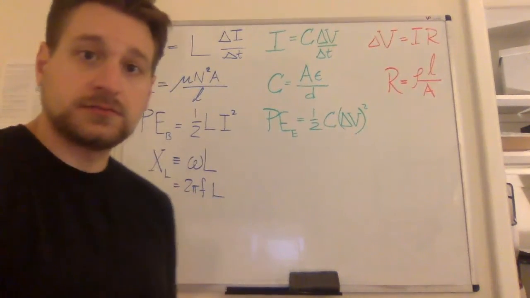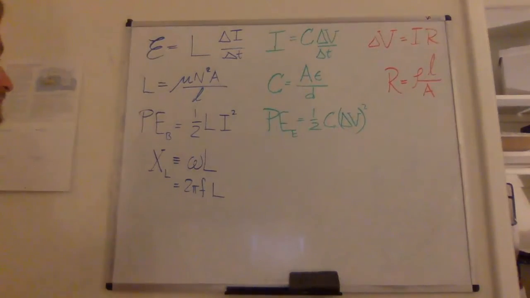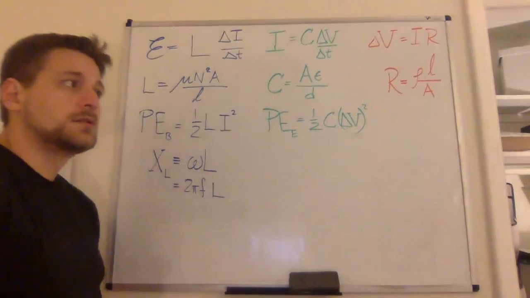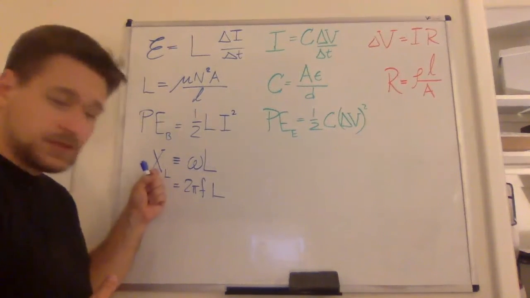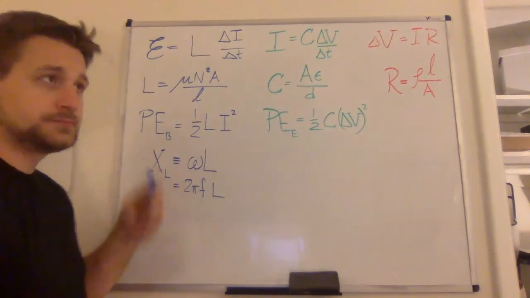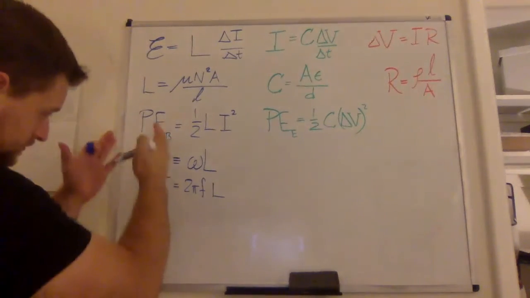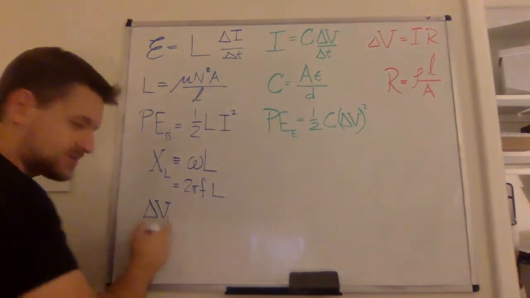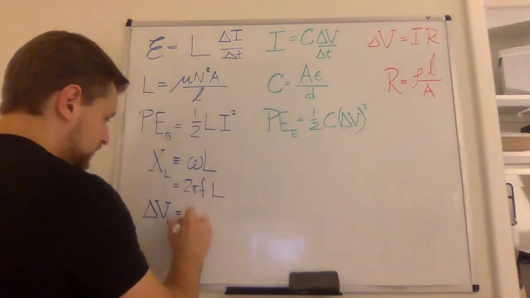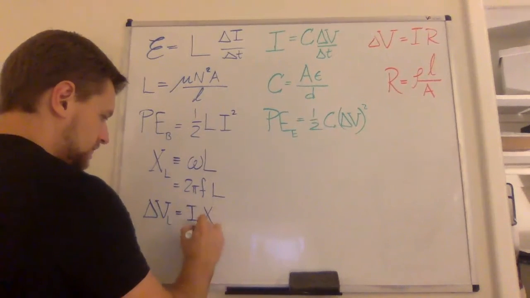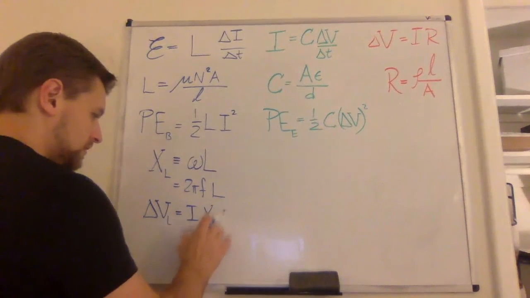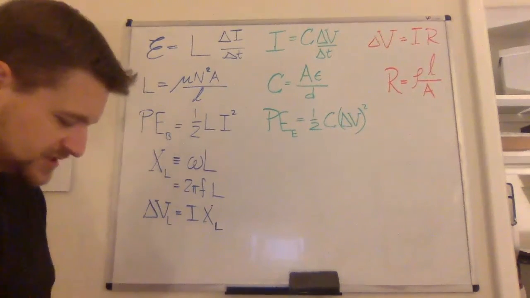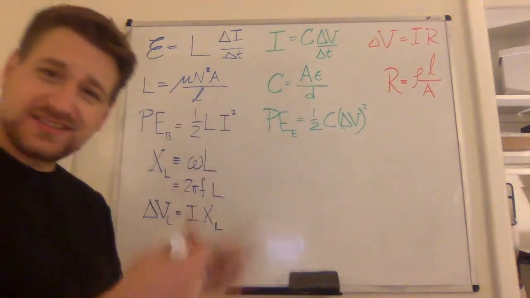And the logic here: if the reactance increases, we're going to put that in an equation. The potential difference across an inductor we can write as current times reactance instead of resistance. It's kind of like Ohm's law, but it's a little bit different.